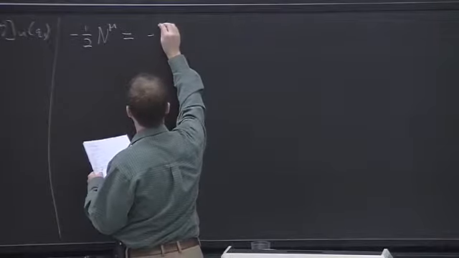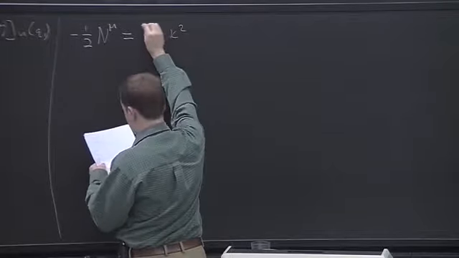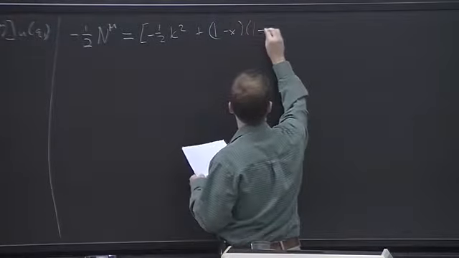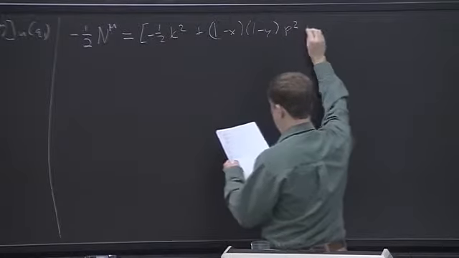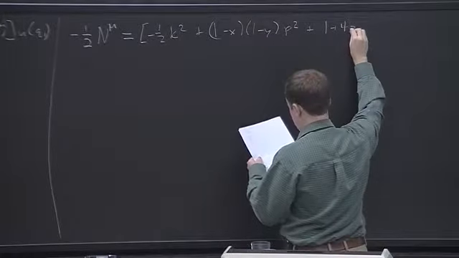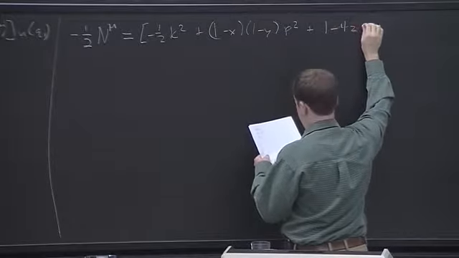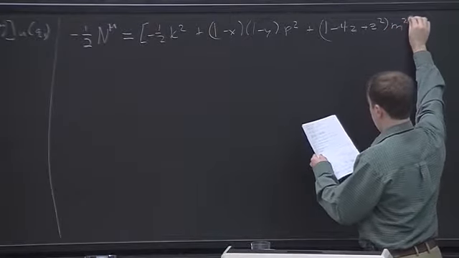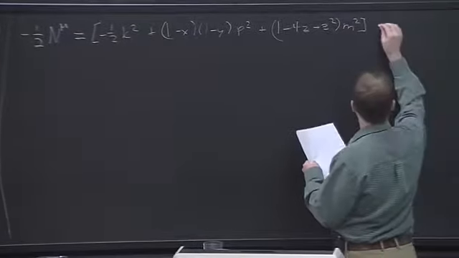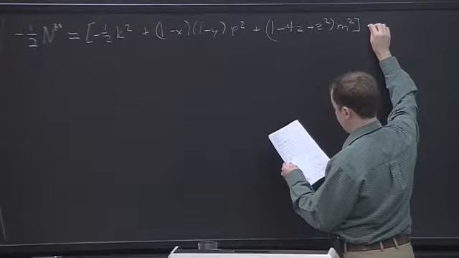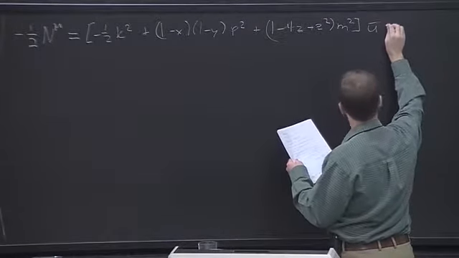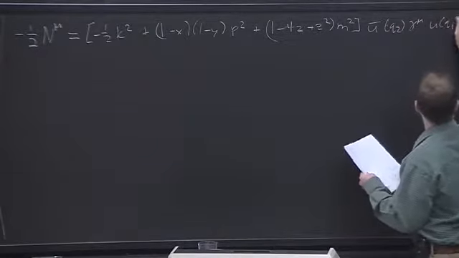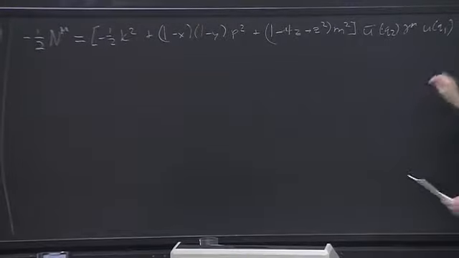So we get a minus 1/2 k squared, 1 minus x, 1 minus y, p squared plus 1 plus 4 minus 4. So we get this combination of terms times u bar q2 gamma mu of q1. So this has the correct form to contribute to F1.